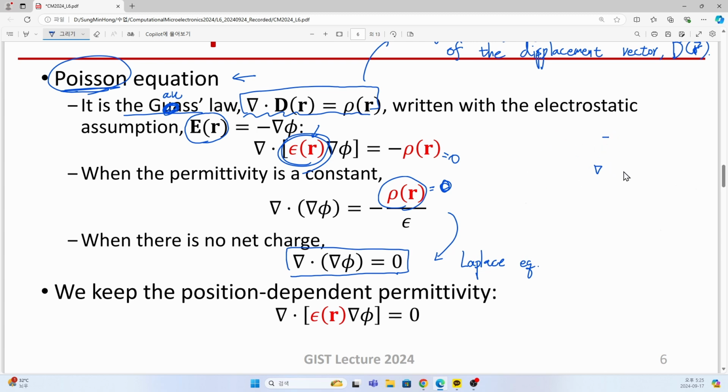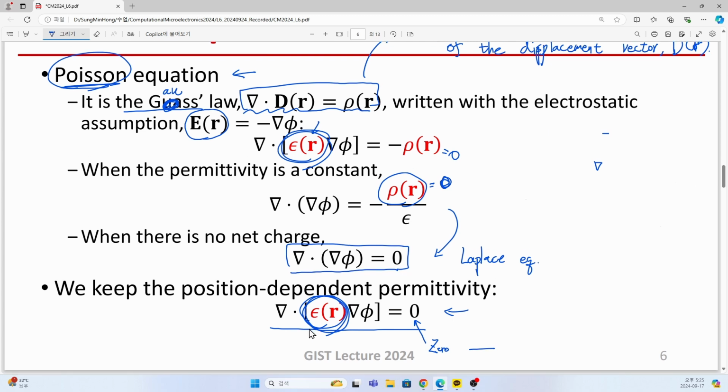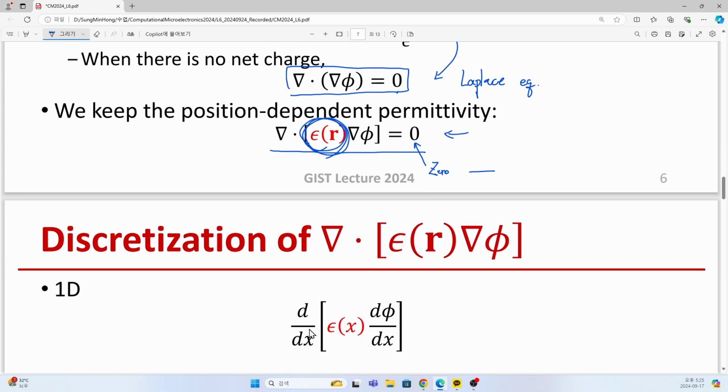So in that case, today's main equation, the source-free Poisson equation, can be obtained. Here we have 0, which originated from zero net charge density, and here we still keep the position dependency of permittivity. Okay, so let's move on.